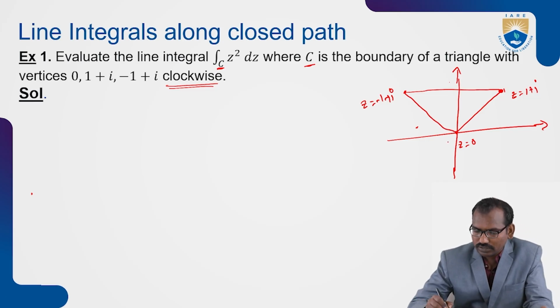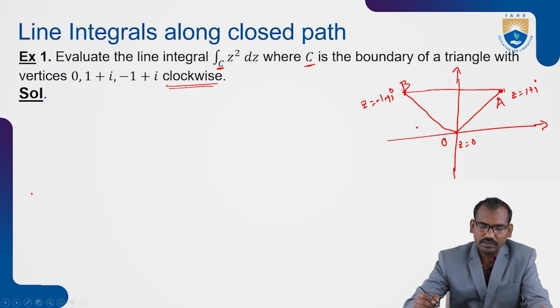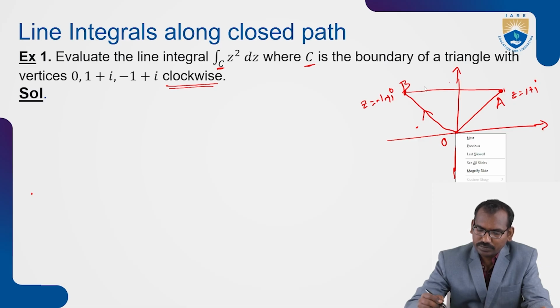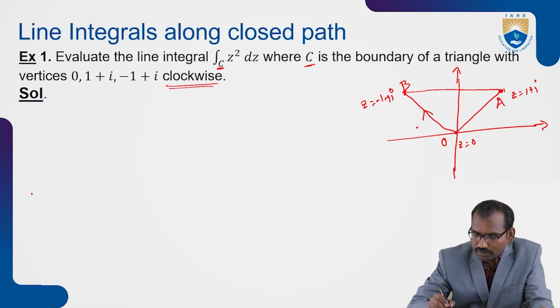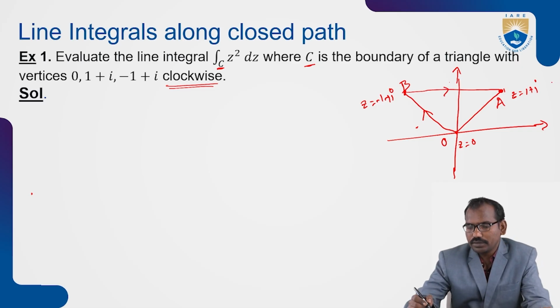I take this point as O, this point as A, and this point as B. We need to perform the integration in the clockwise direction, so I start at O and move to B, then from B to A, then A to O.